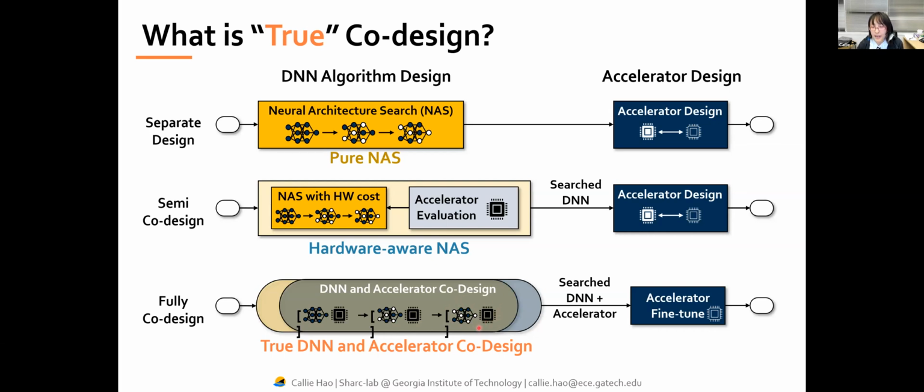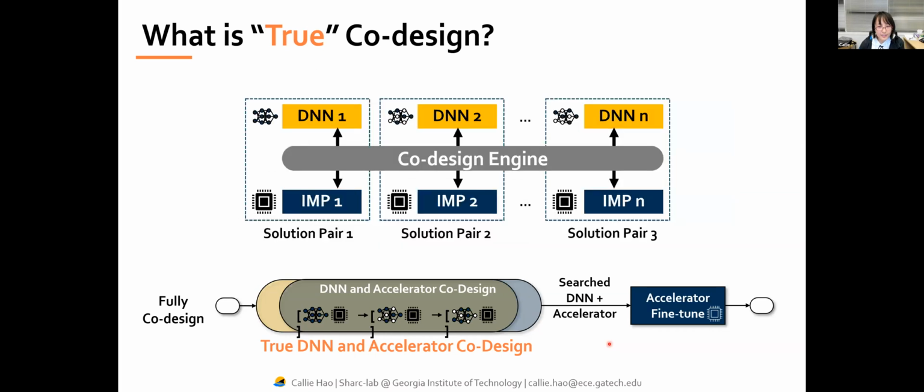And eventually, when I'm happy, the output is already a searched deep neural network with an accelerator. And then the next step is we only need to do fine-tuning. We do not need to design everything from scratch because we already have this design in pairs. Everything is already built. So this is the idea of full co-design, and this is what we want in mind, ideally.